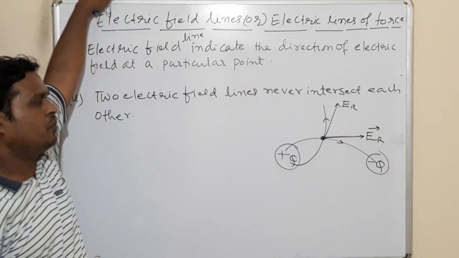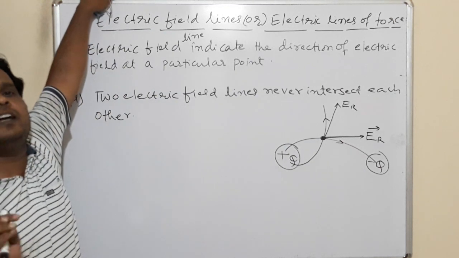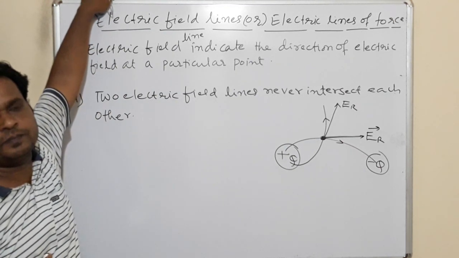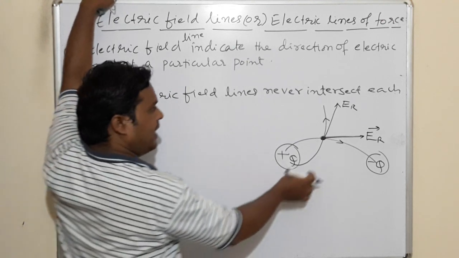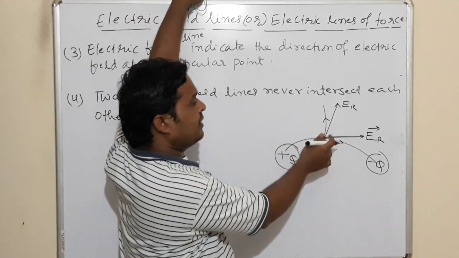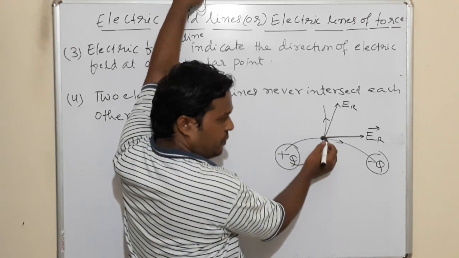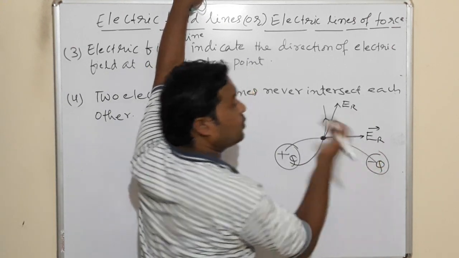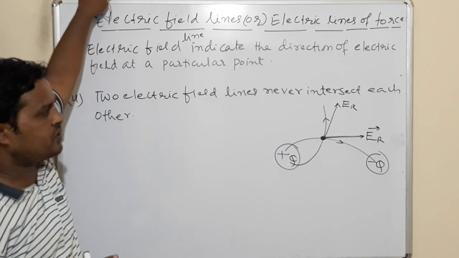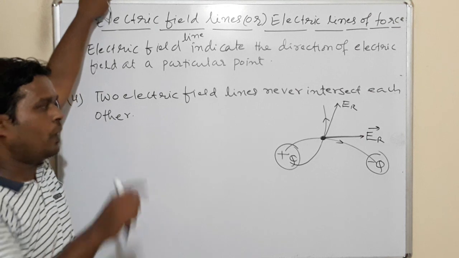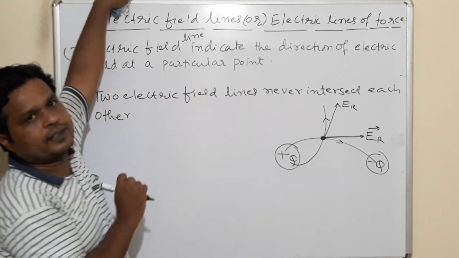In physics, at a particular point, one vector having two directions is never possible. Understood? Therefore, while drawing the electric field lines, we never allow them to intersect.